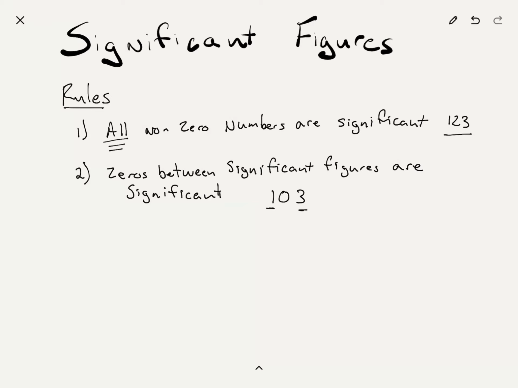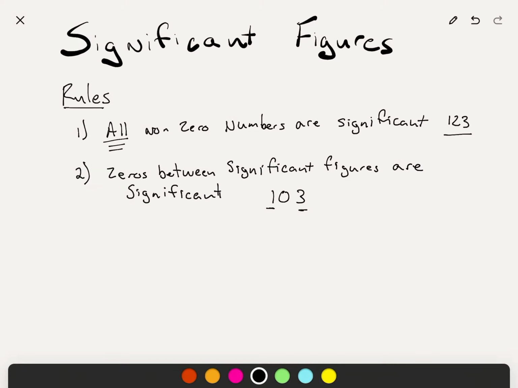The 1 and the 3 are both significant because they're non-zero, and then our 0 here is between two significant figures, so it is also significant. Another example would be 1003. Again, the 1 and the 3 are both significant because they're non-zeros. Therefore, all the digits between that are zeros are also significant.